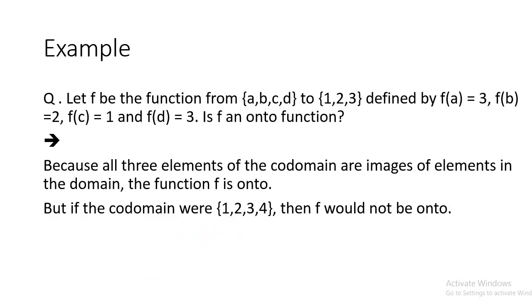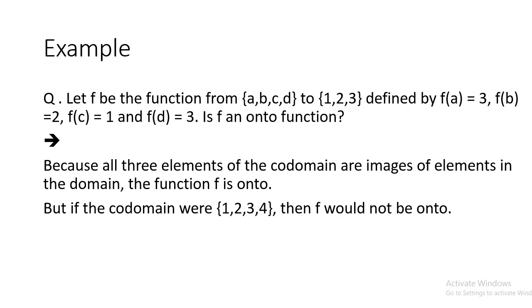Now let's see one more example. Suppose there is a function f from {a, b, c, d} to {1, 2, 3} defined by f(a) = 3, f(b) = 2, f(c) = 1, and f(d) = 3. The question is: is f an onto function?